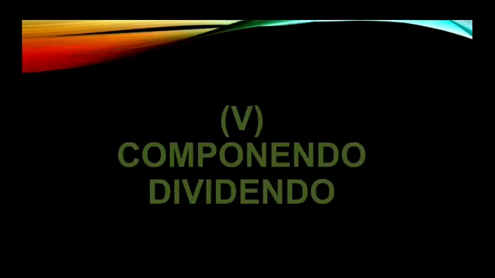As componendo you have seen and dividendo you have seen, we get an altogether operation of equal ratio as componendo dividendo. That is the fifth property. So in componendo, what we did, children? We added, and in dividendo we subtracted.